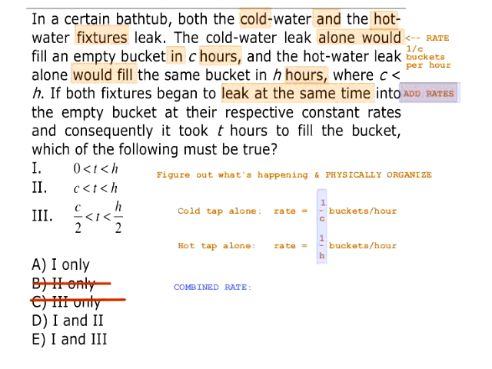So the combined rate is the sum of these. It's 1 over C plus 1 over H buckets per hour. Common denominator, that's going to be H plus C over CH.